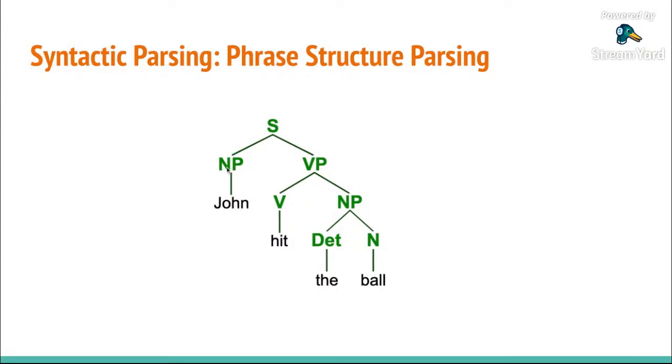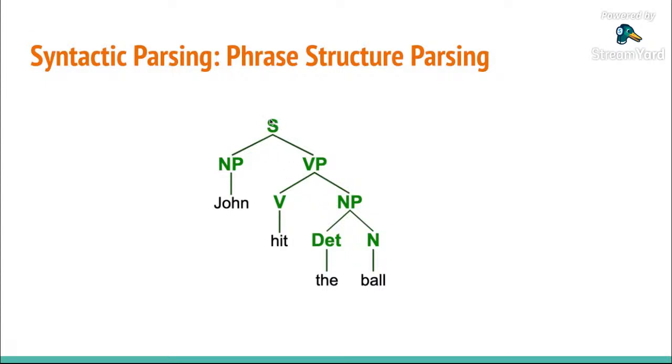Once we have the parts of speech tags, using the grammar, we can form phrases out of it. A determiner followed by a noun can be a noun phrase. Similarly, a proper noun or a person name or a pronoun can be a noun phrase. A verb followed by a noun phrase is called a verb phrase. And a noun phrase followed by a verb phrase can form a sentence.